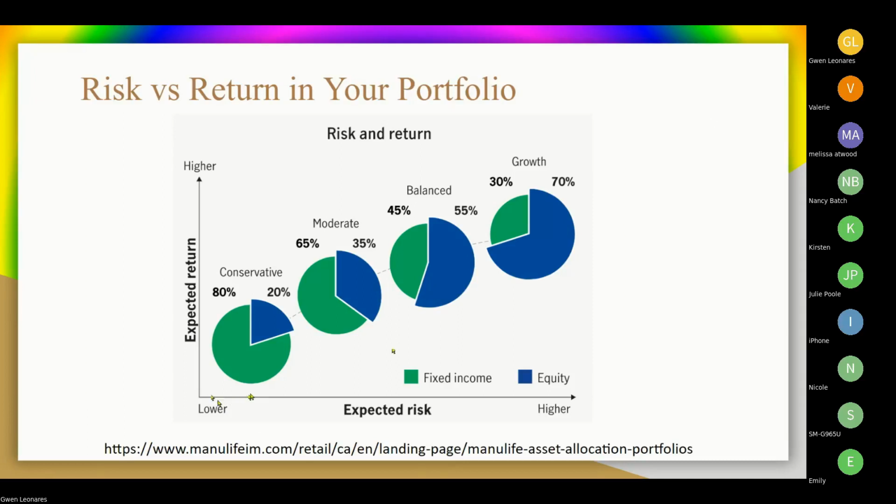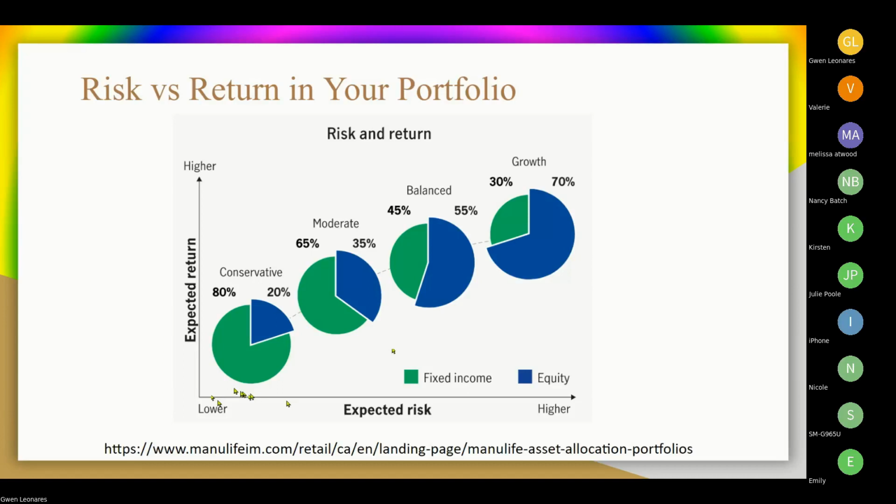That one has a low expected risk, but not as high a return, because the fixed income, those bonds, were around 5%, and the stocks were around maybe 9 or 10%. So when you average them out, you're going more towards 5%.